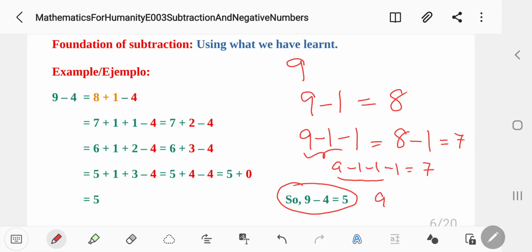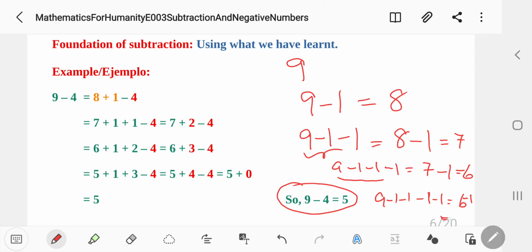And then you have 9 minus 1. Oh, this is 8 minus 1. This is, by the way, 7 minus 1 equals 6. I'm sorry for that. But this is now 9 minus 1 minus 1 minus 1 minus 1 equals 6 minus 1. Let me write it like that.